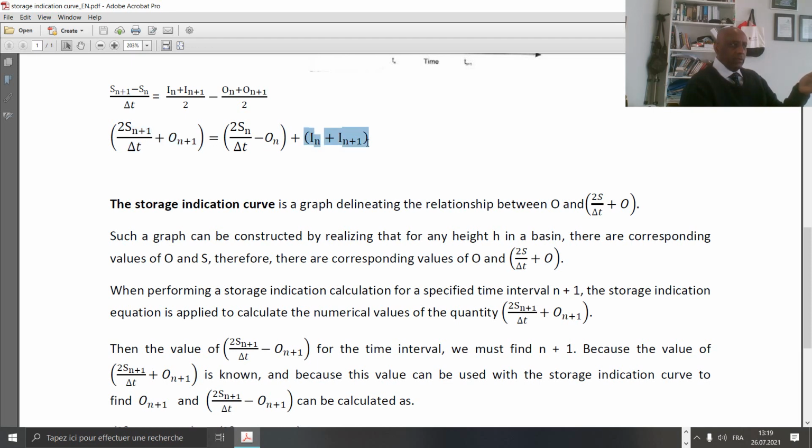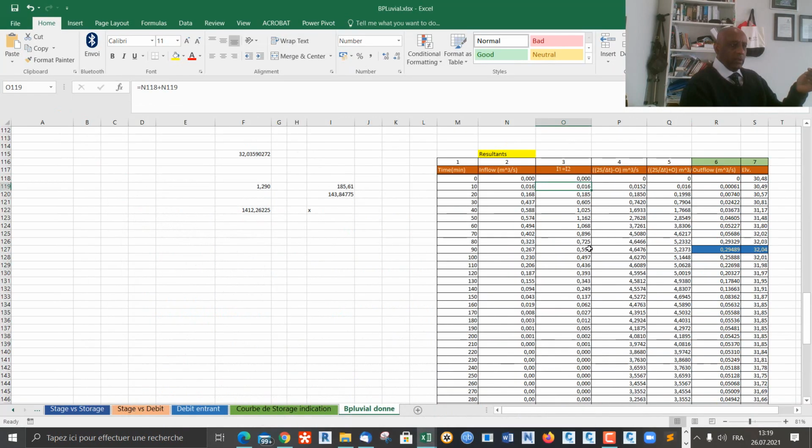You see, from these equations we will find this one. For example, this might be a second row. The result is in a second row, but this one is in the first row. As you can see here, I1 plus I2 is this one plus this one in the first row, but because that is storage n, this one changing storage, n is 1.